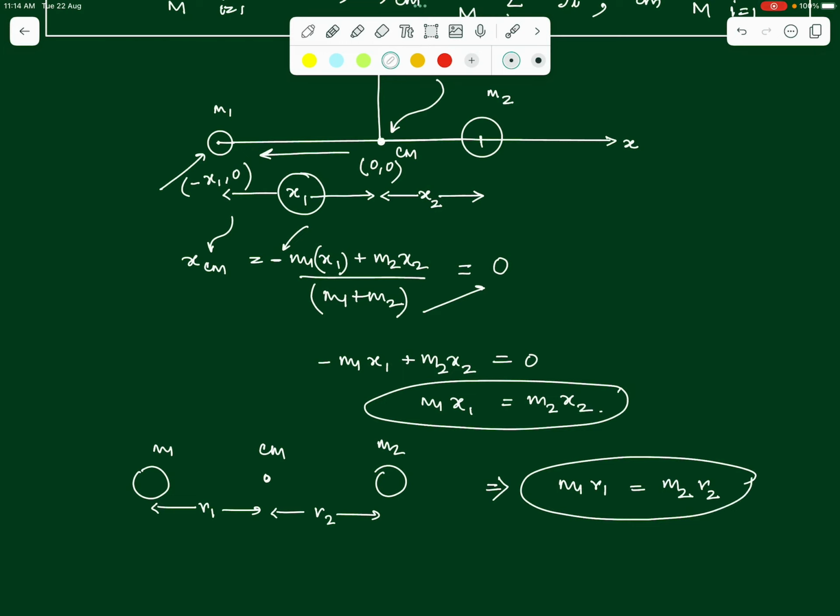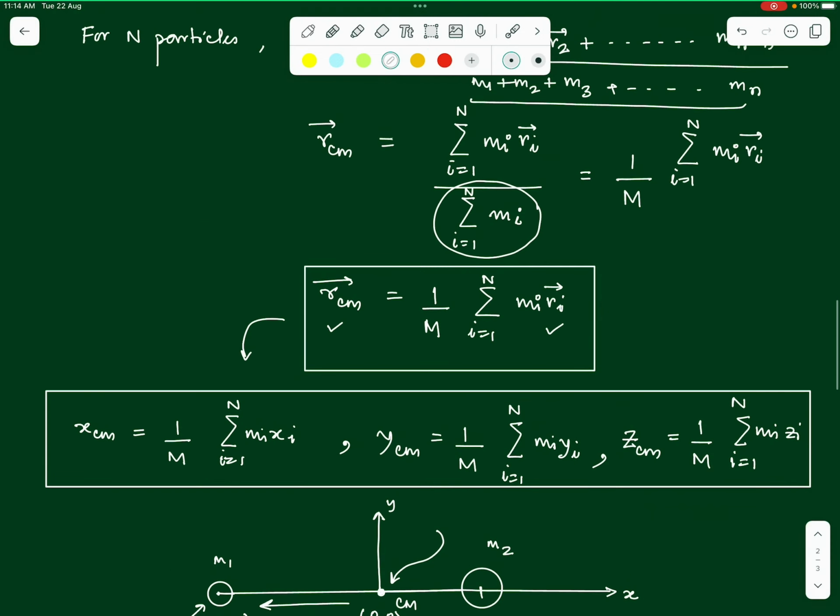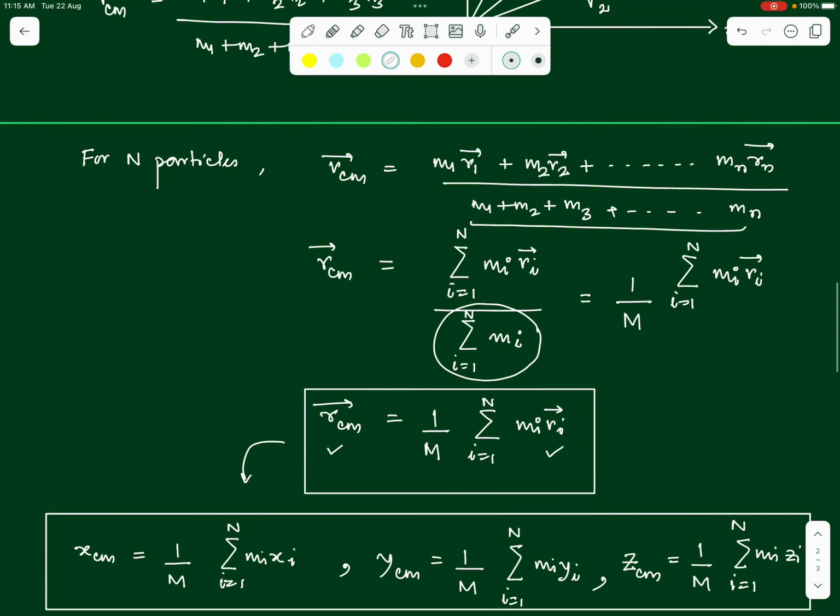Fine. So far the discussion that we have made on center of mass is for a discrete particle system, when a system is made up of many point particles. So here the mass m1 is a point particle at a position r1, the mass m2 is a point particle at a position r2, and so on, right? Generally we don't study systems like that.